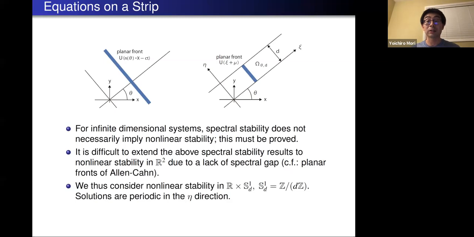So what we are working on now is to turn these linear stability results, spectral stability results, into nonlinear stability results, and for that you have to work a little bit harder.